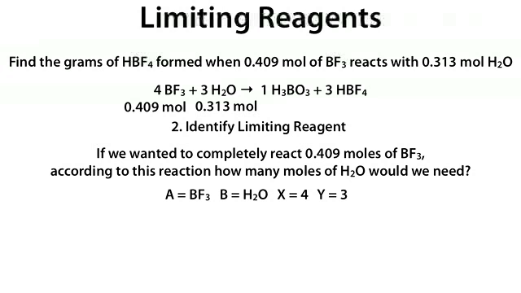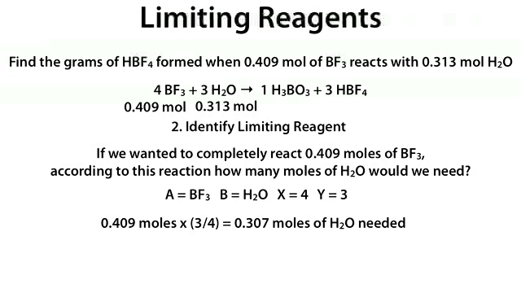In this case, we have BF3, we're looking for H2O, A is BF3, B is H2O, X is 4, that's the coefficient in front of BF3, Y is 3, because that's the coefficient in front of H2O, and we multiply 0.409 moles times y over x, or 3 over 4, to get 0.307 moles of H2O needed.